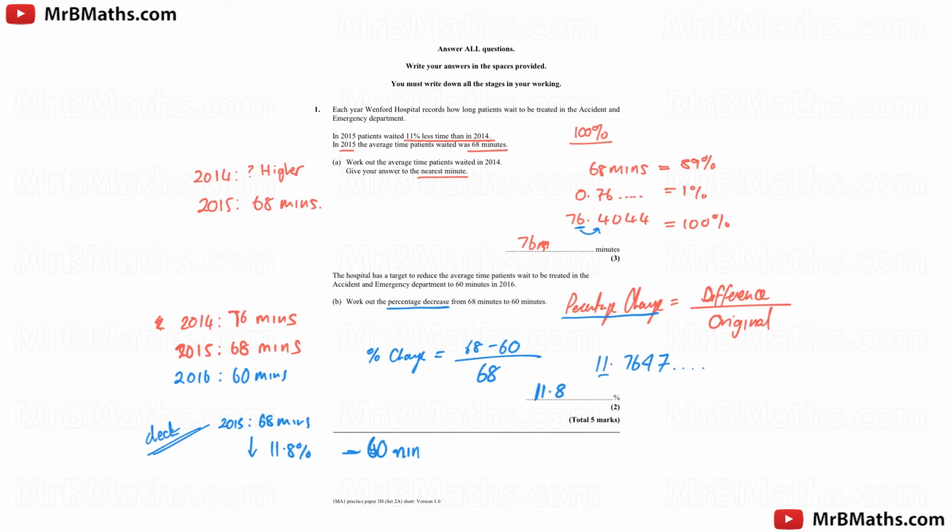We do 100 take away 11.8, that gives us 88.2. So if we do 88.2 divided by 100 and then times that by 68, it gives us an answer of 59.976. So close enough to the 60 minutes, so we know we got that answer correct.